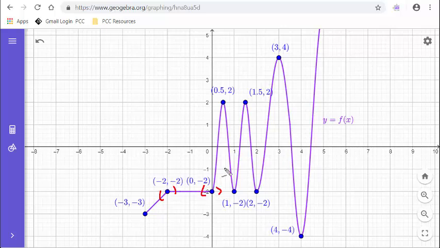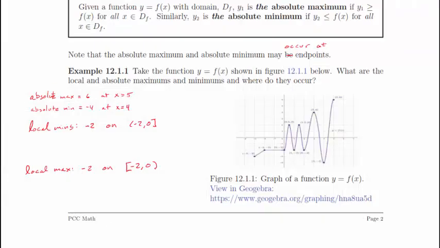But when I look around x is 0, the -2 is not the largest y value when I try and put an open interval around this. So that's why we have the local max of -2 on this interval where we include -2 but exclude 0.